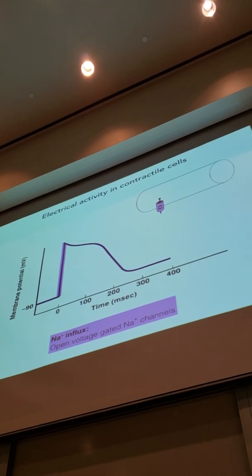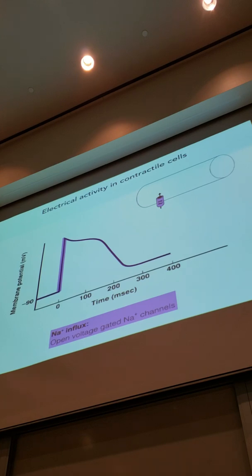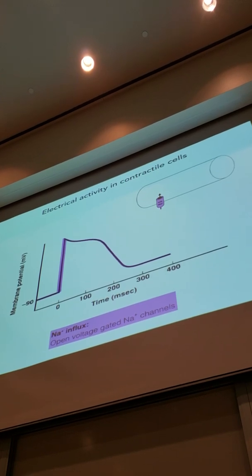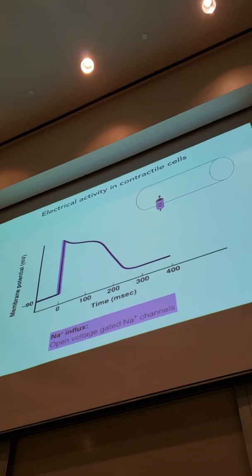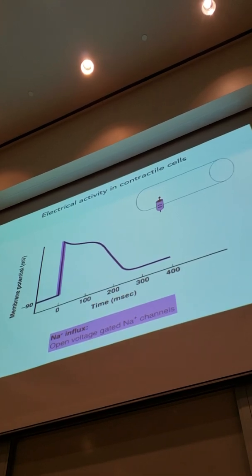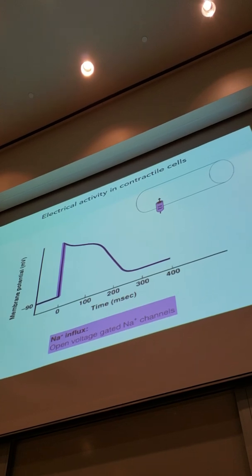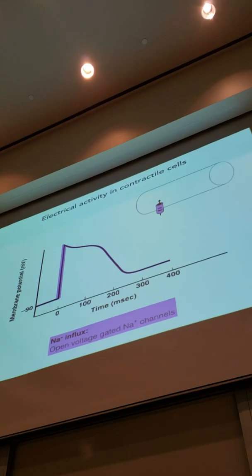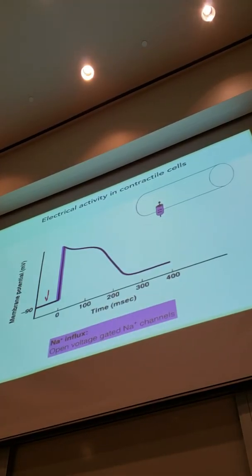We haven't seen these yet. They weren't in the other type of cell. But we get a huge influx of sodium. Sodium goes way up into the positives. And again, they're all over the cell. First question is, if it's a voltage-gated sodium channel, what causes it to go from closed to open?